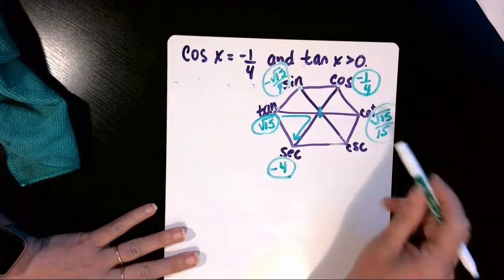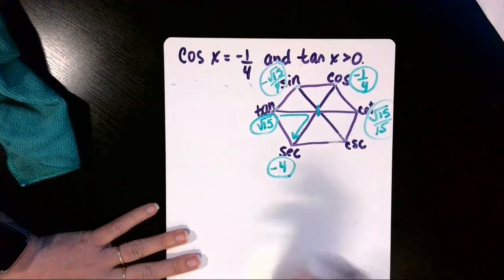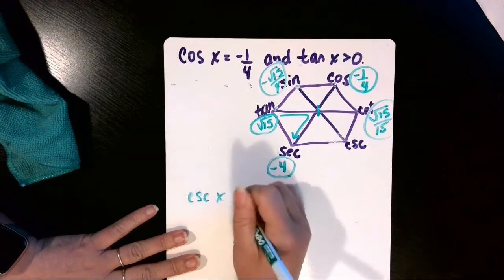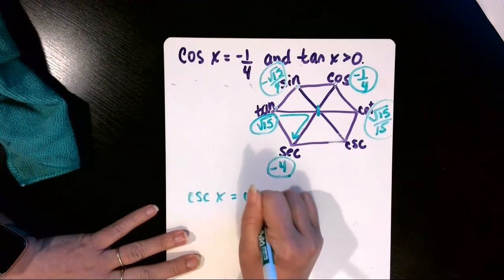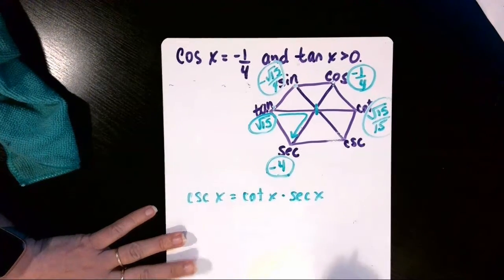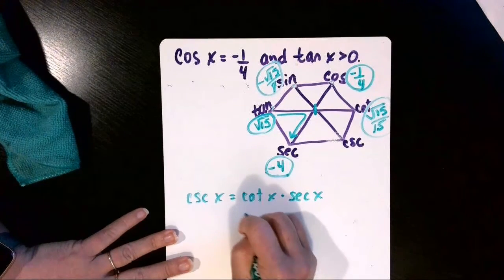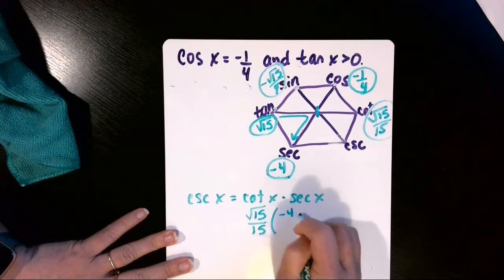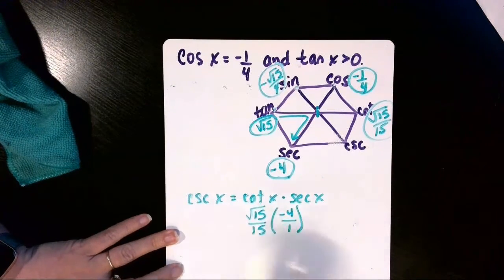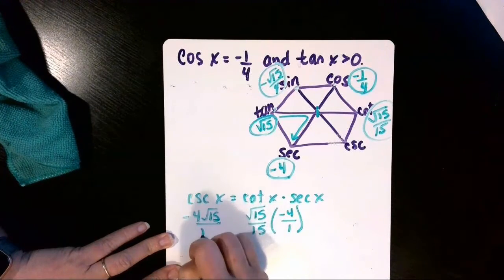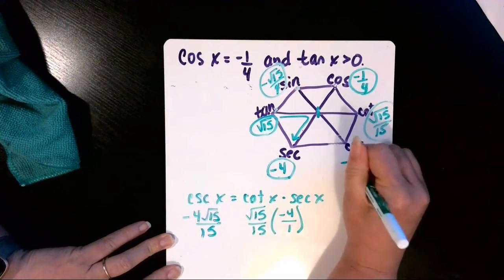I think the multiplying with the product would probably be easiest in this case, so I'll go ahead and do cosecant of x is equal to the cotangent times the secant, and then we'll substitute root 15 over 15 for cotangent, negative 4 for the secant, and we'll have negative 4 root 15 over 15.